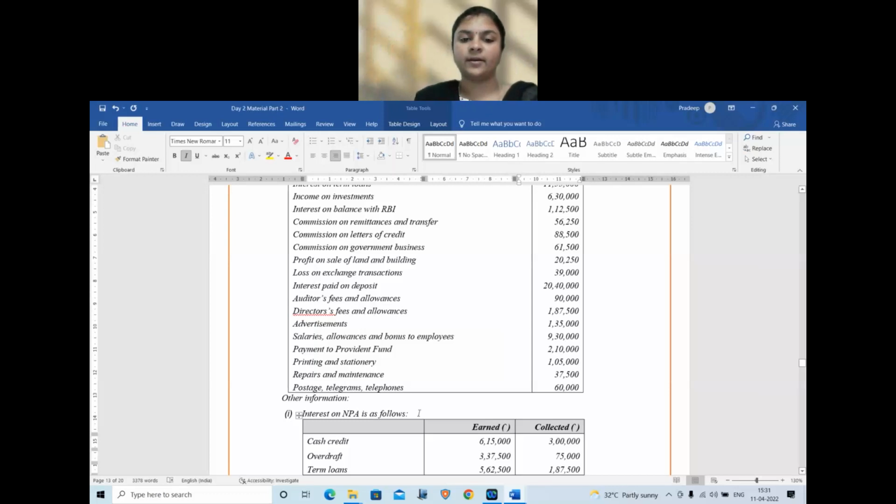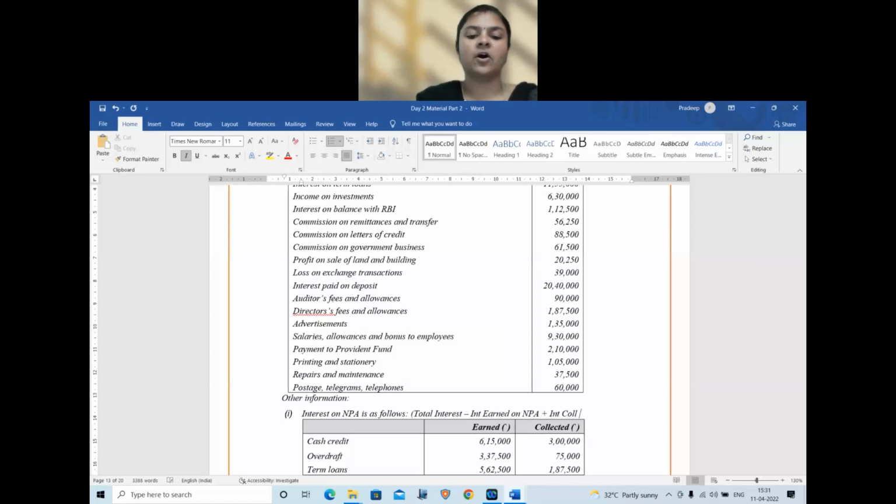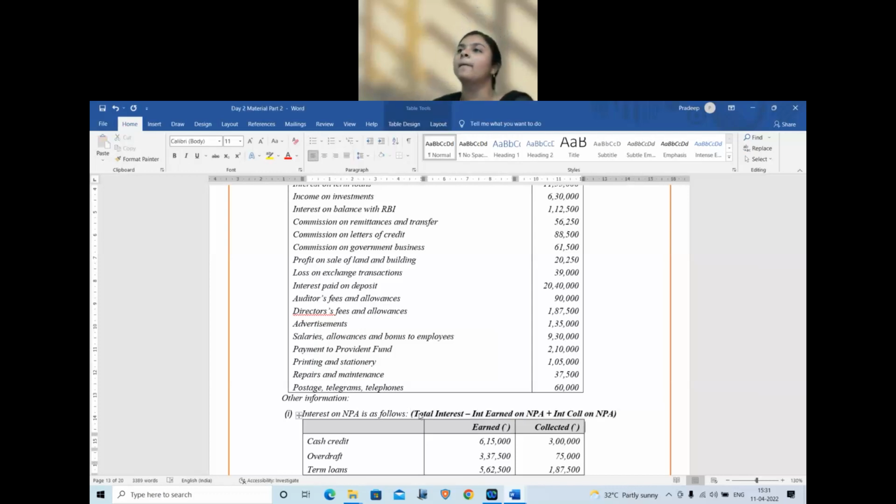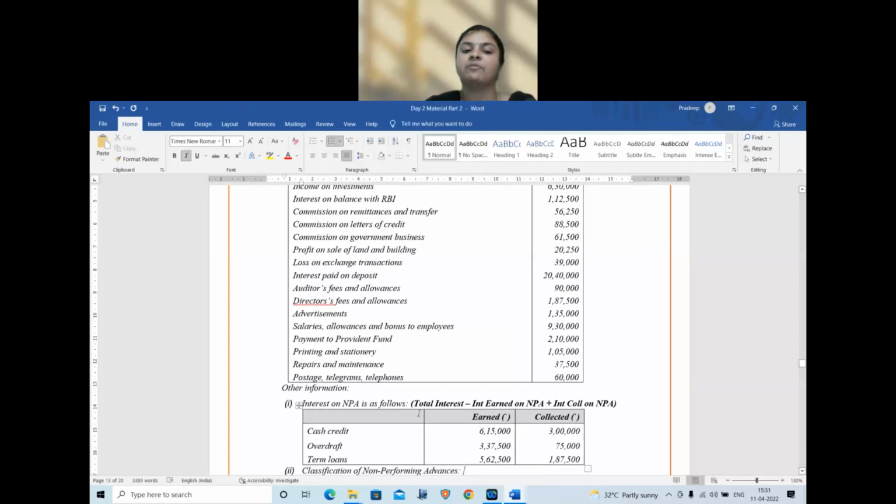So again, let me write here: total interest minus interest earned on NPA plus interest collected on NPA. This should be the formula that you need to use. And that value only will be taken to P&L account. Same way for the other two.